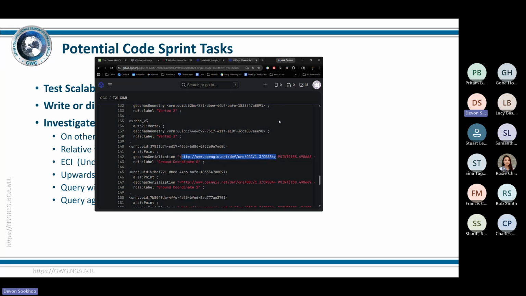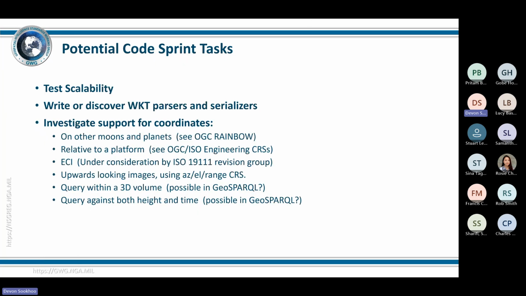It supports specifying a coordinate reference system, but it's unclear to us whether it supports coordinates on other planets or moons, relative to a platform, ECI coordinates, upward-looking images, azimuth elevation range. These are coordinate reference systems we want to support, and the question is, does GeoSPARQL support this already, or if not, can it be extended to support them?